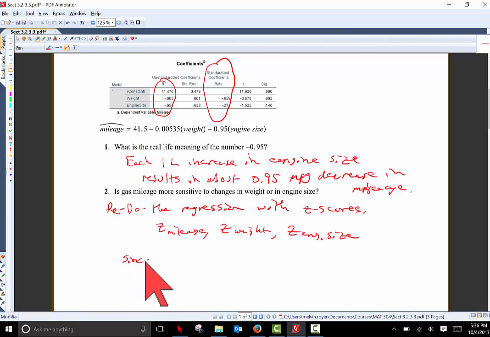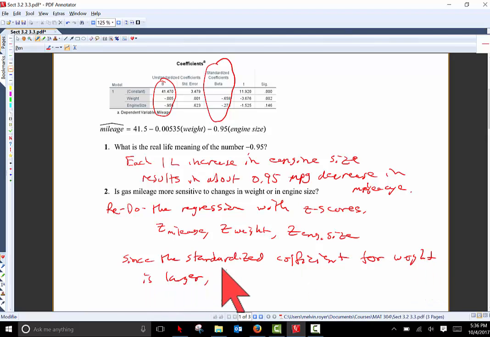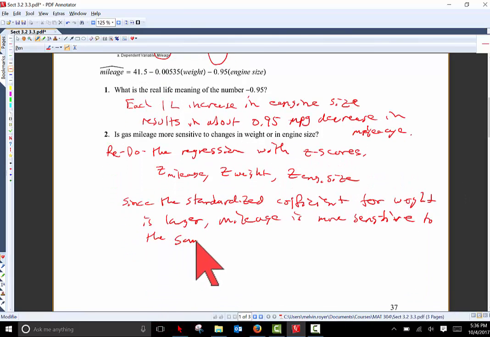So since the standardized coefficient for weight is larger, mileage is more sensitive to the same percent change in weight.